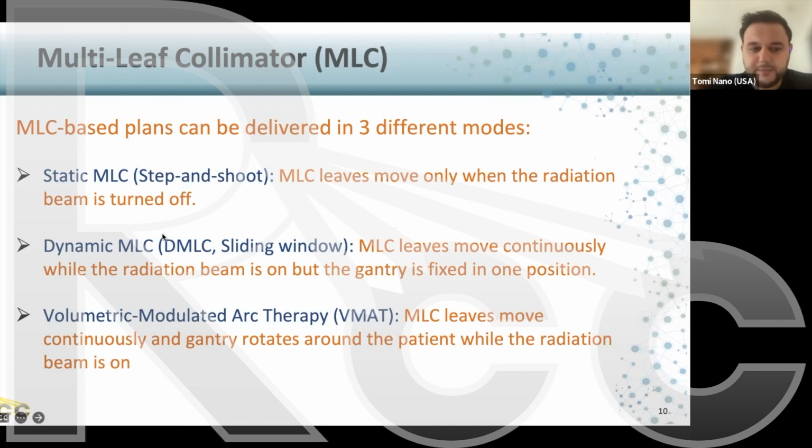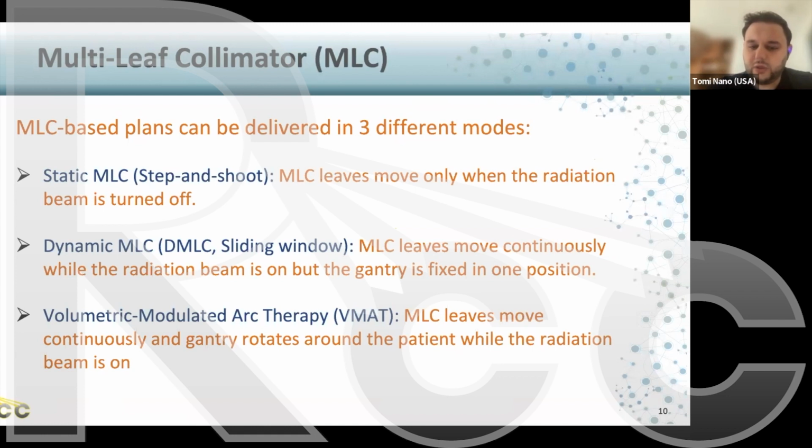So that's static. Dynamic MLC is for a fixed gantry as well, but this time, instead of the MLCs hitting control points and then the machine beaming on, the MLCs are dynamically moving as the beam is on, which is consistently shaping the field. So that part is called dynamic MLC.